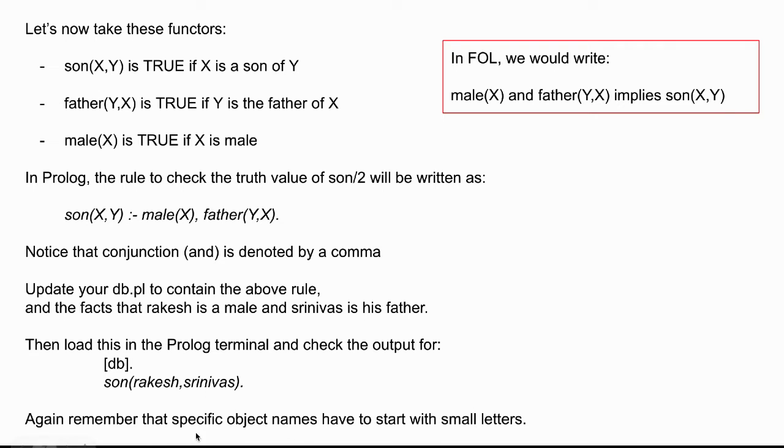Again, remember that the specific object names have to start with small letters, and variables always start with capital letters. Okay. So again, take a pause in this video, do this exercise, and once you are done, resume the video once again. That way your learning will be much better.